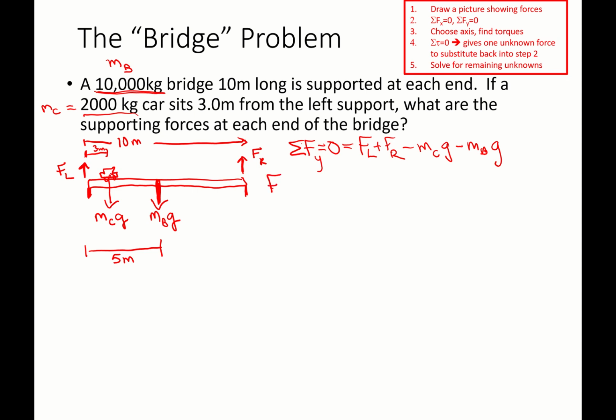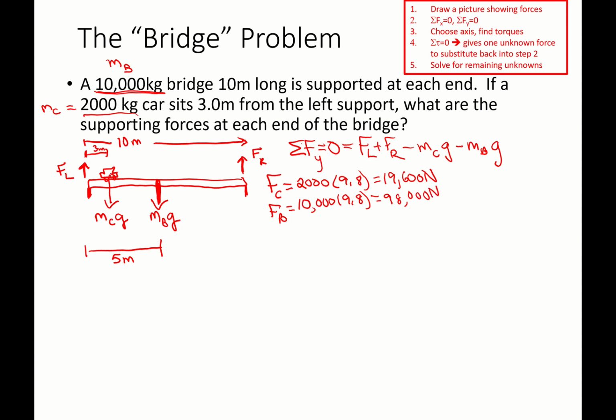The force from the car is going to be 2,000 mass times 9.8. So that's going to be 19,600 newtons. The force of the bridge is going to be the mass of the bridge, 10,000 times 9.8. So that's going to be 98,000 newtons.